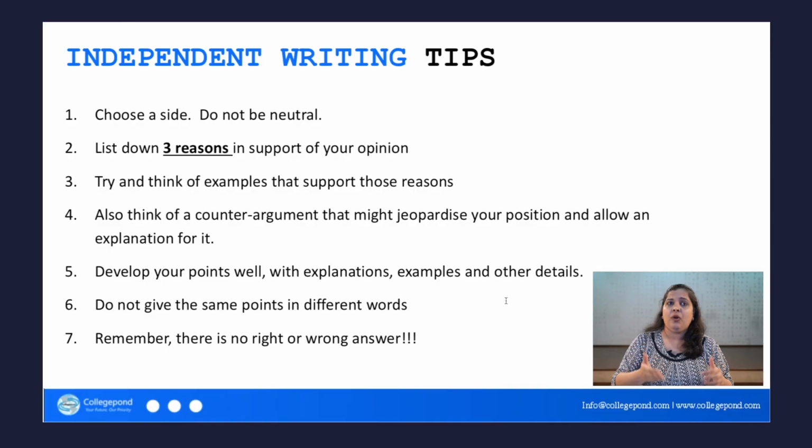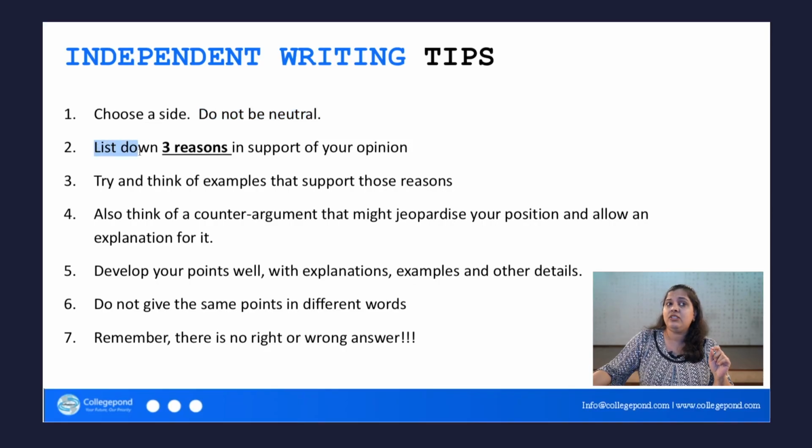That's not the point. What they are going to judge is, can you support whatever side you take? Can you properly elaborate and make points about the side that you have taken or the opinion that you are supporting? So what you can do in this case is definitely choose a side. Do not sit on the fence. Do not be neutral. Always make sure that your point of view comes across as quite evident in the essay.